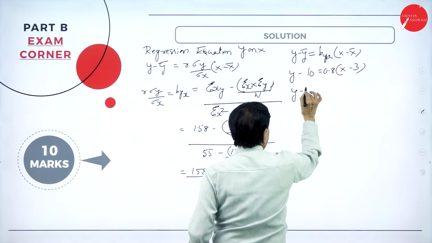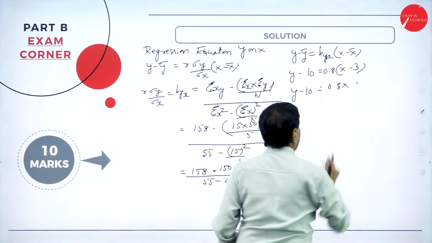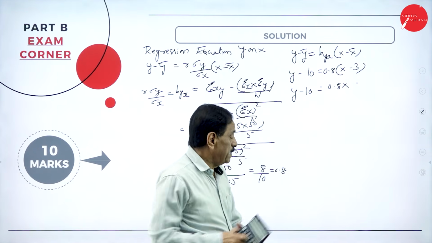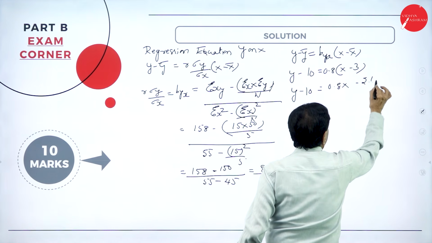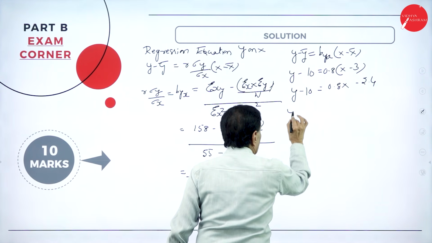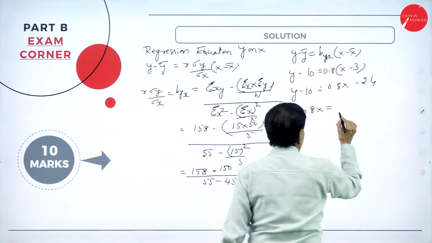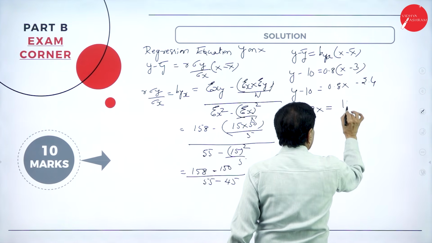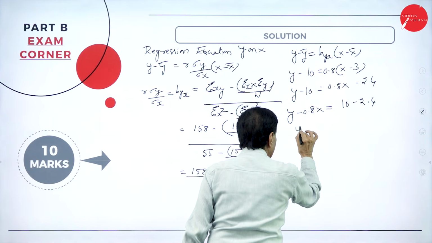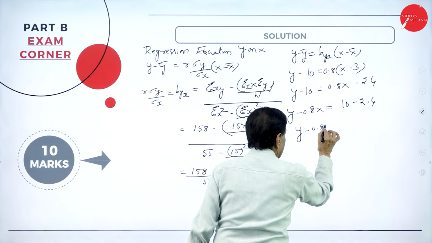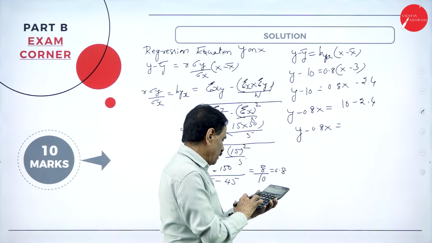So y minus 10 equals 0.8x minus 0.8 into 3, which is 2.4. Taking the terms across, y minus 0.8x equals 10 minus 2.4.